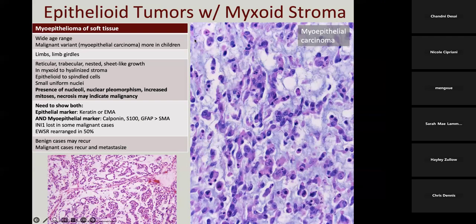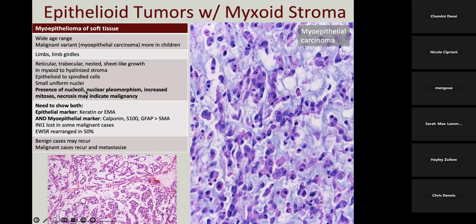Epithelioid tumors with myxoid stroma include myoepithelial tumors, which by definition should have either keratin or EMA and one of the myoepithelial markers, including something contractile like calponin or SMA, or a neural crest marker like S100 or SOX10 or GFAP. Occasionally, they can have EWSR1 rearrangement and rarely INI1 loss.